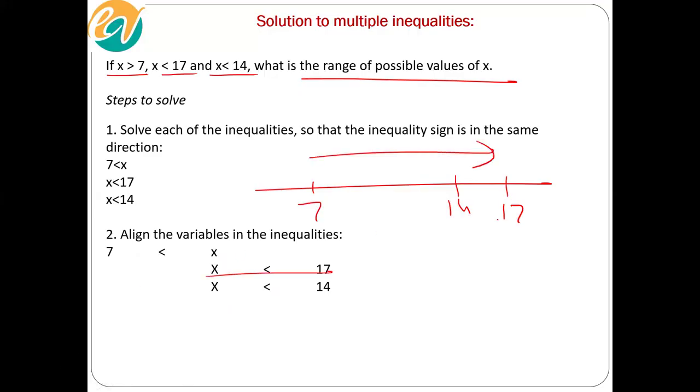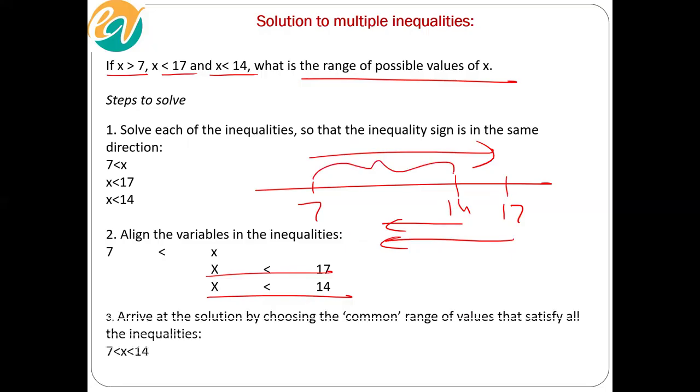X is lesser than 17, this direction. X is lesser than 14, this direction. So now what do you find out? The common range that satisfies all the three inequalities. And what would be that common range? Between 7 and 14. So that's the final answer. That x would be between 7 and 14.